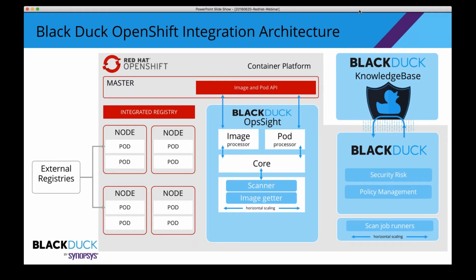But when a scan occurs, the results are sent in those fingerprints or SHAs to Black Duck, and through the knowledge base, matches occur, and then results are sent back into the Black Duck offsite integration. And the integration is labeling and annotating images and pods within OpenShift. And I'll show you what that looks like when we get into the demo.